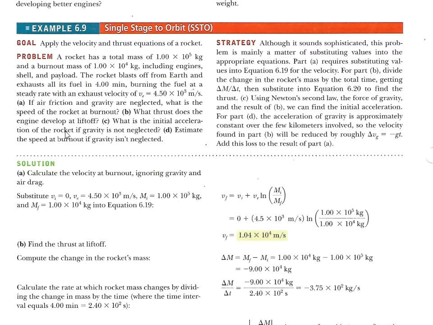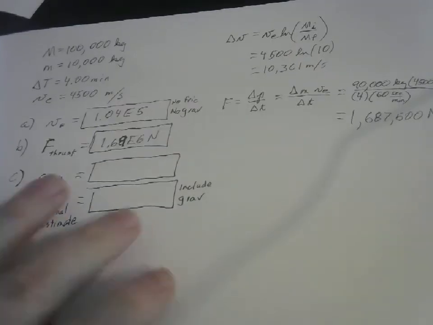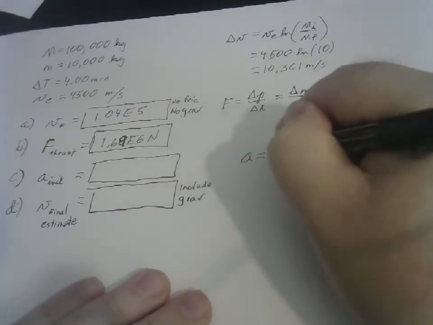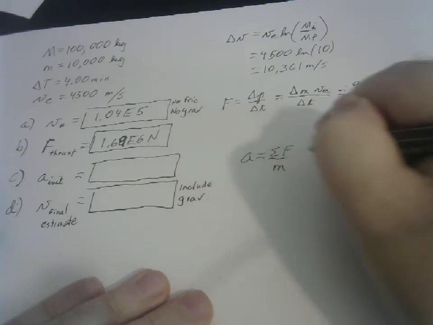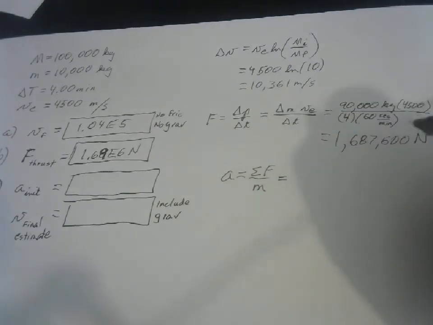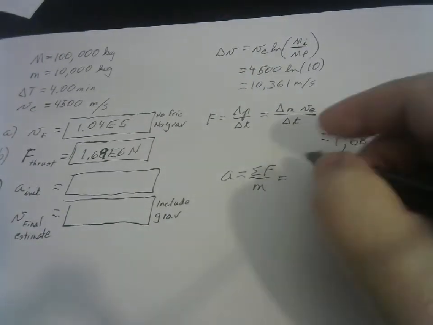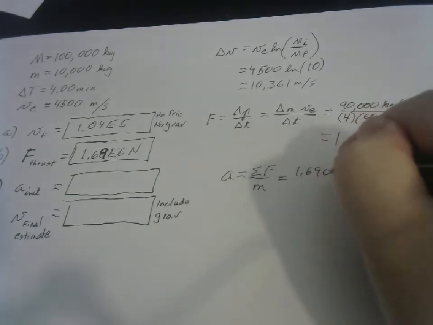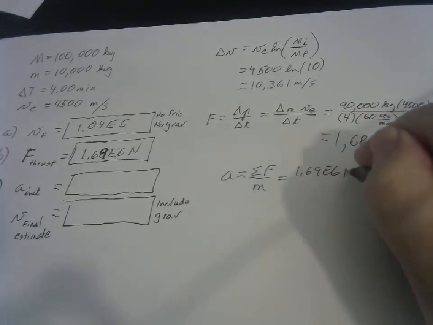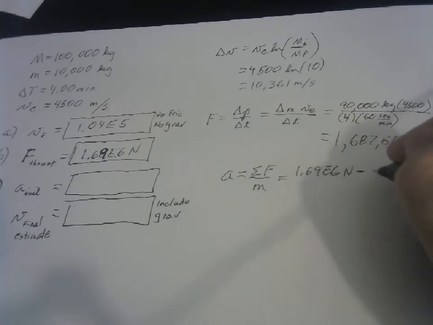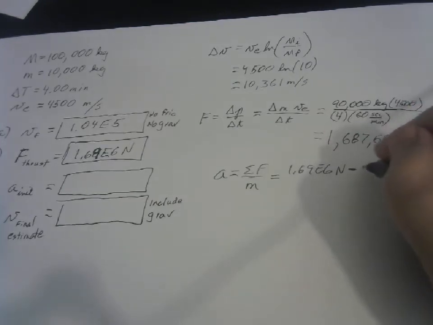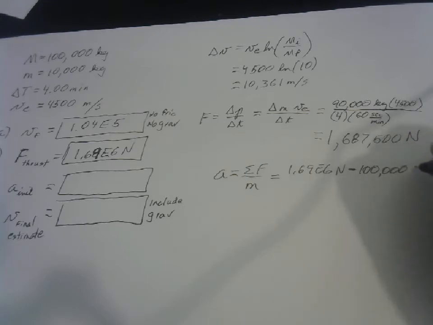They want the acceleration of the rocket if gravity is not neglected. So I'm going to write acceleration equals the sum of forces divided by the mass. The sum of the forces going up is 1.69 E6 newtons going up minus the mass, 100,000 kilograms times 9.8, mass times gravity.